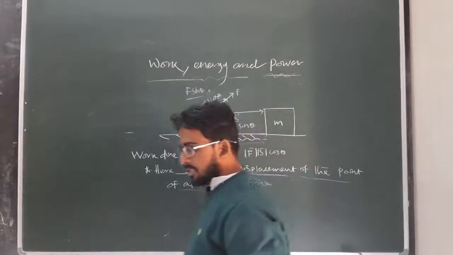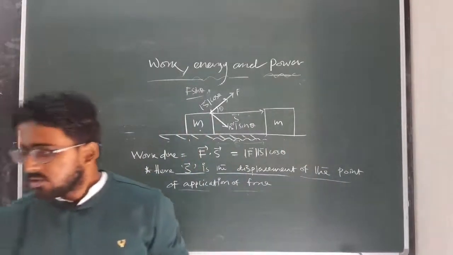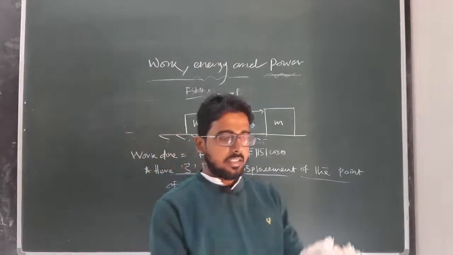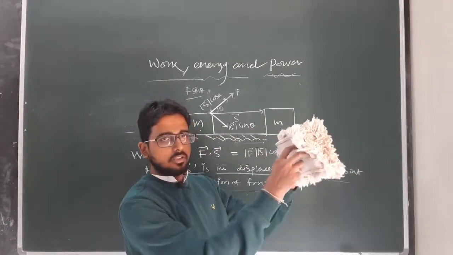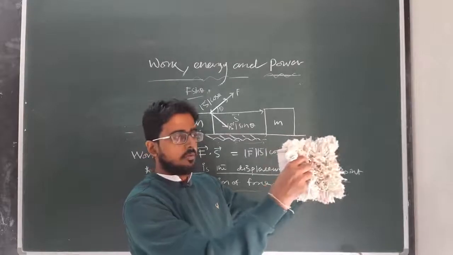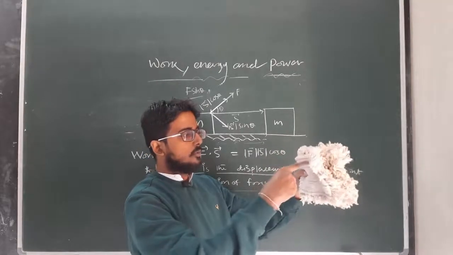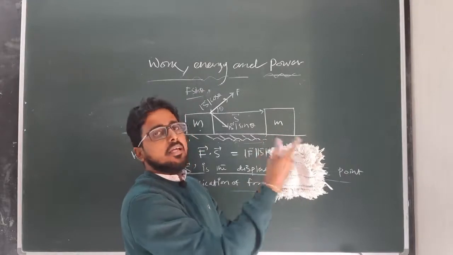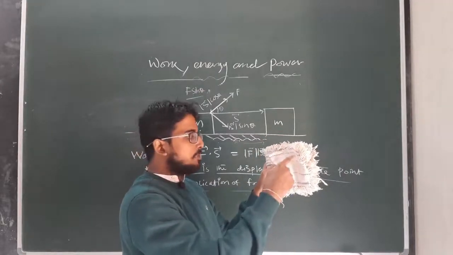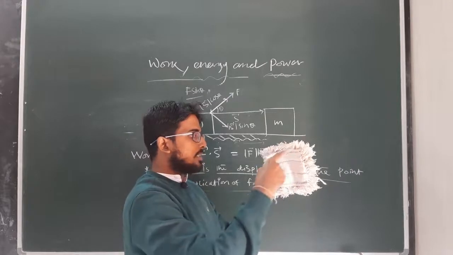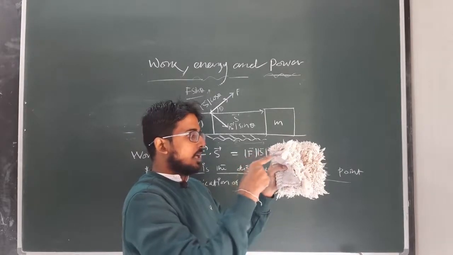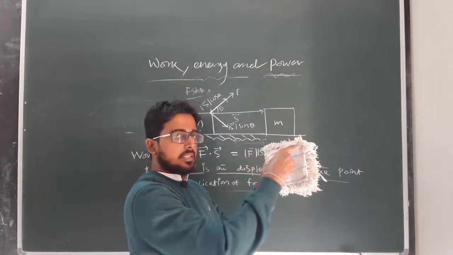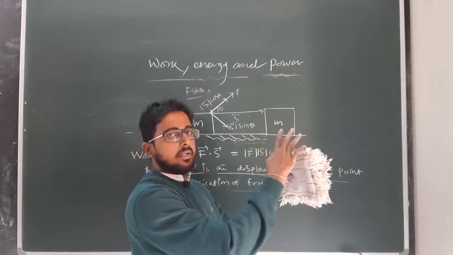But there are certain cases, if we are dealing with certain flexible bodies like this, if this is a body, this is not rigid, this is flexible. So if I am applying a force at this point, so maybe the complete body may not get any displacement, but this point of application may get displaced like this. If this point is here and I am applying force, it get displaced, but the complete body remains stationary.